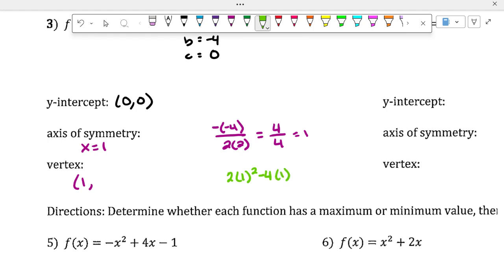Good. So 1 squared is 1, so 1 times 2 is 2. 1 times 4 is 4, and it's still negative. So Rajan, what's 2 minus 4? Not 2, but 2 minus 4. It's negative 2. So that would be the y value of the vertex.